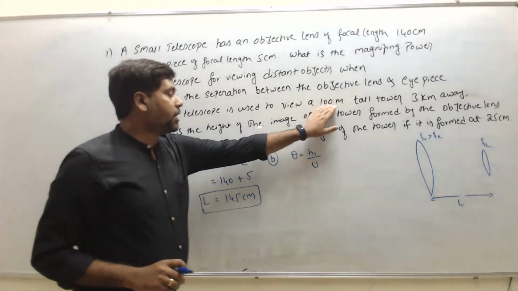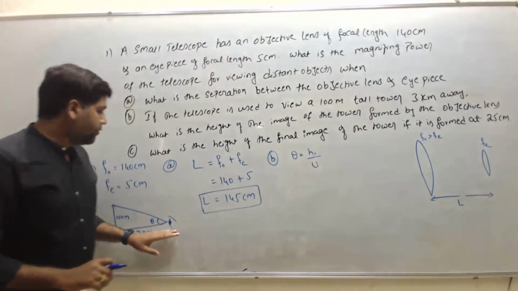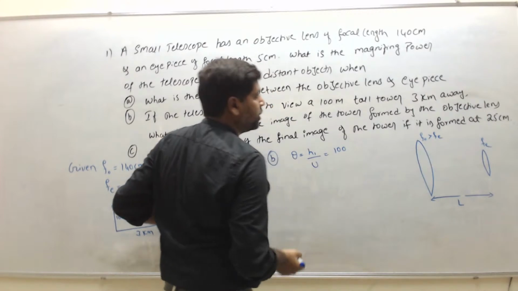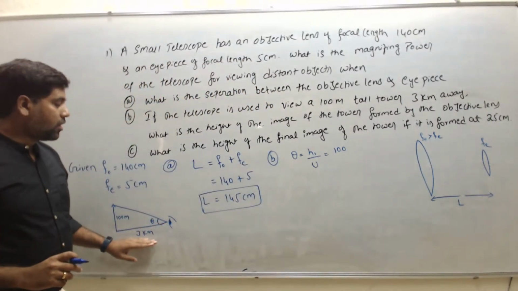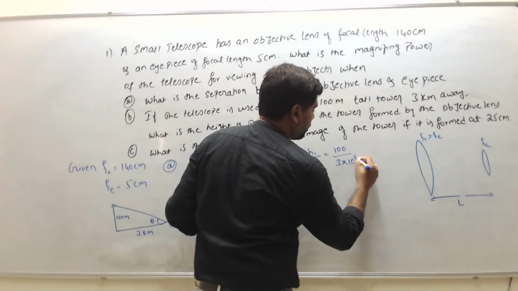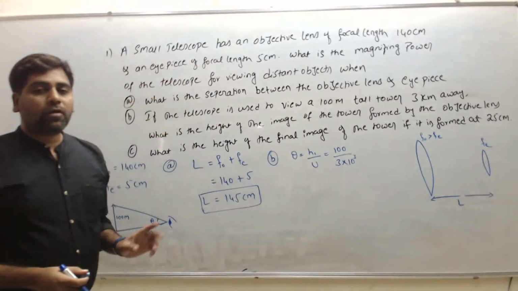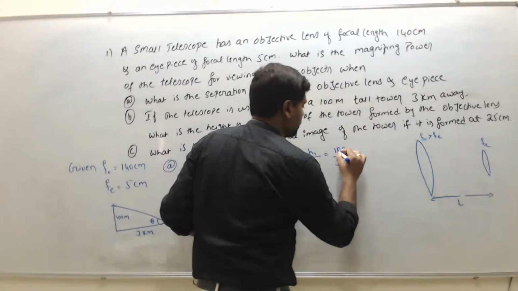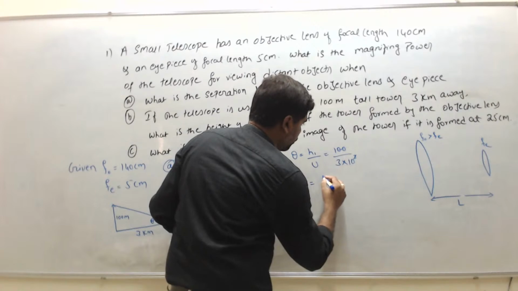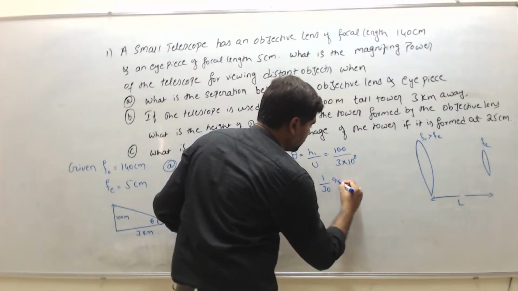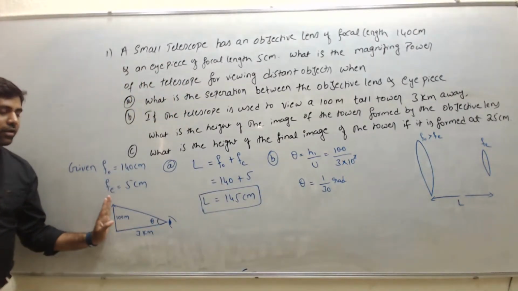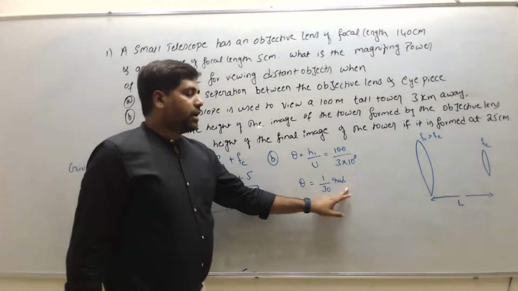Here for the normal eye, the height of the tower is 100 meter and it is at a distance of 3 kilometer, that is 3 into 10 to the power of 3 meters. Two zeros cancel, then theta is equal to 1 divided by 30 radians. So the angle at which the observer is viewing this tower is 1 by 30 radians.